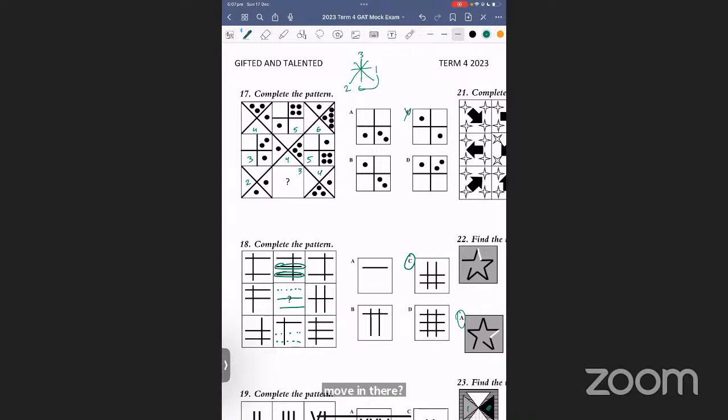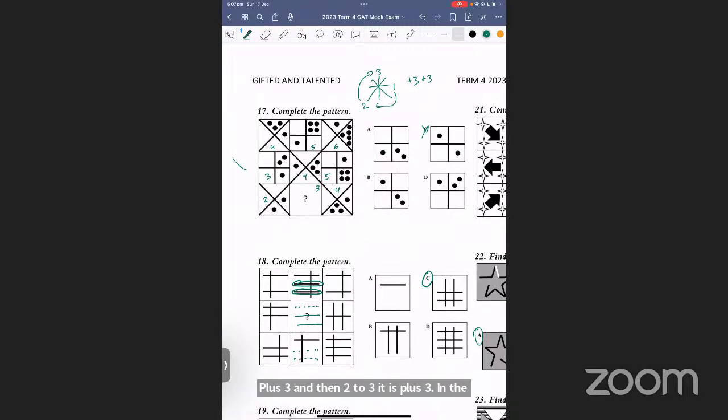Anyone? +3. And then 2 to 3, it is +3. In the second row, let's see if the same pattern continues. One dot starts off here, then it goes here, and then it goes here. So it goes +3, +3, right?